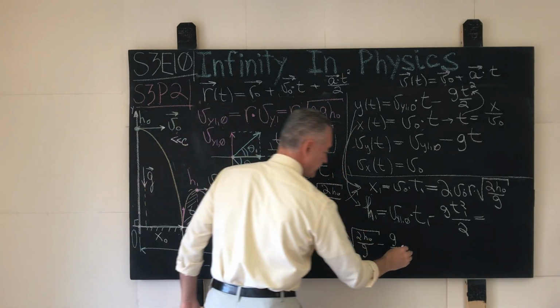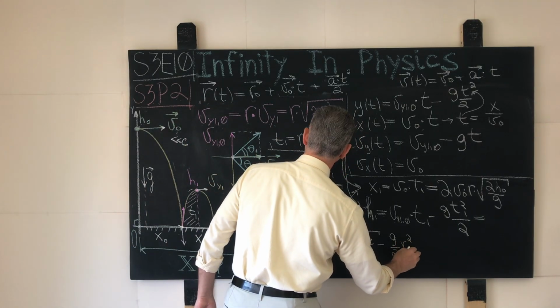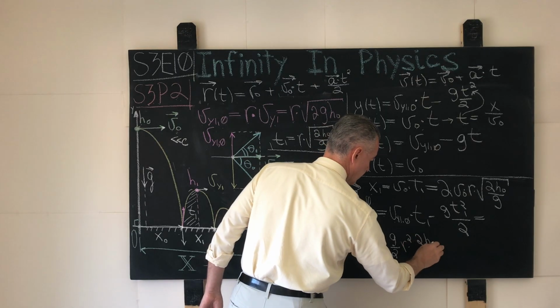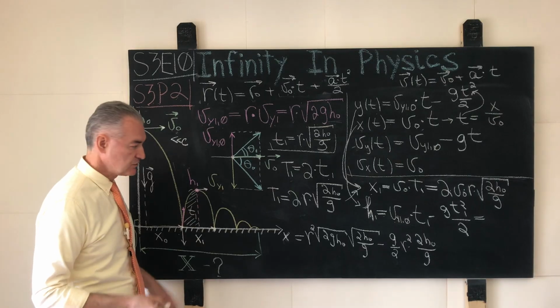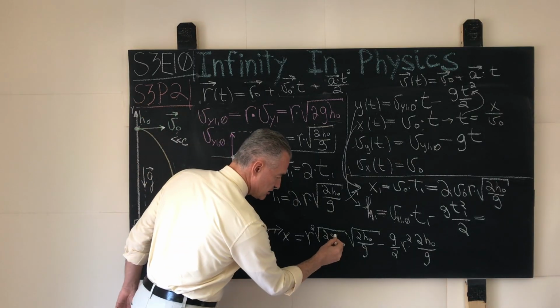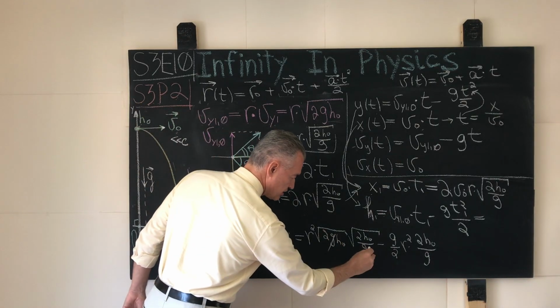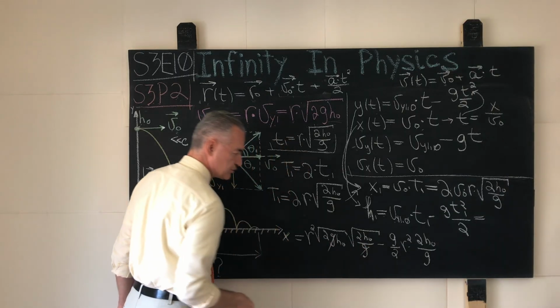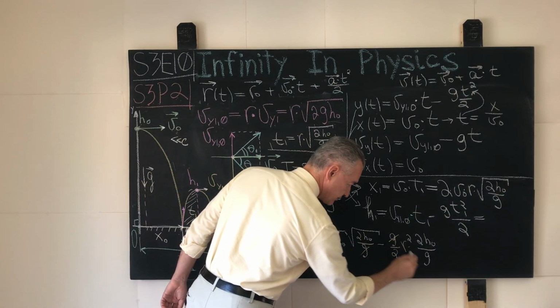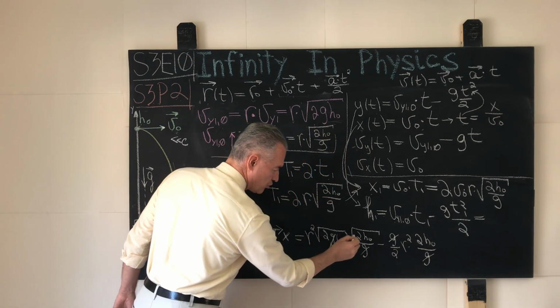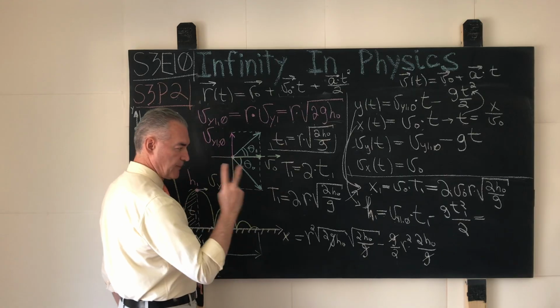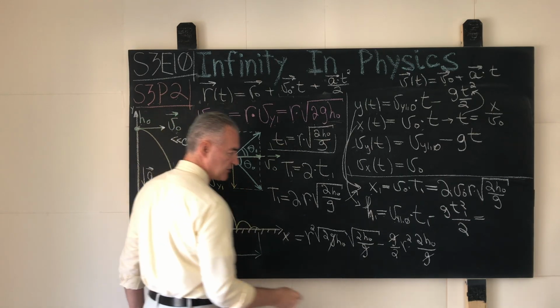and this bad puppy squared, r squared times 2h0 over g. You see, this is middle school arithmetic. The g in the numerator and g in the denominator, both square roots, cancel each other out. Cancel. Square root of 2h0 times square root of 2h0 is 2h0. So what do we have?